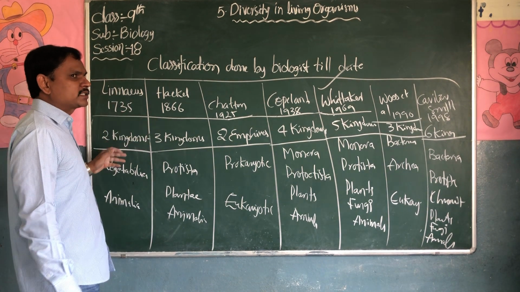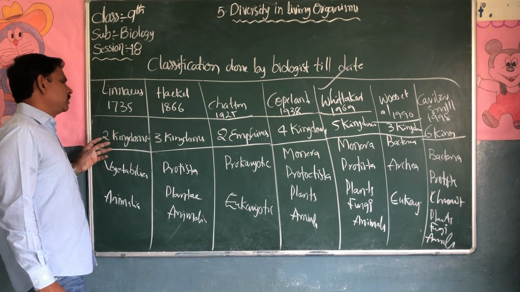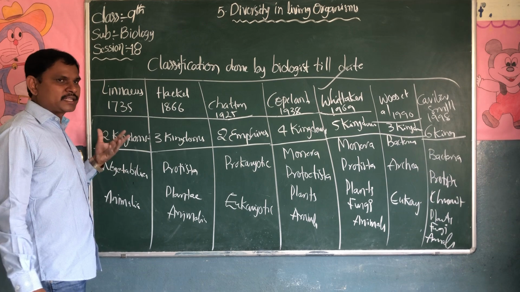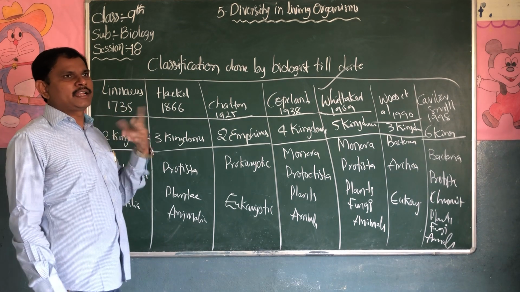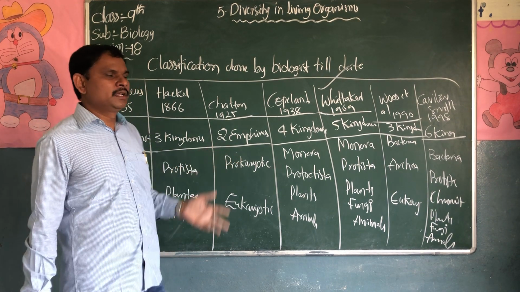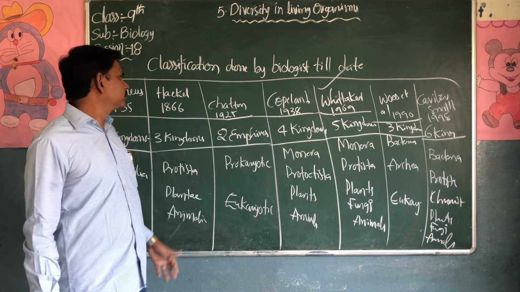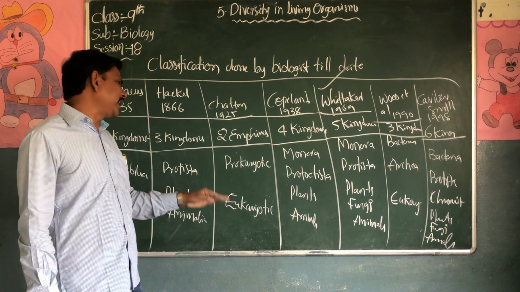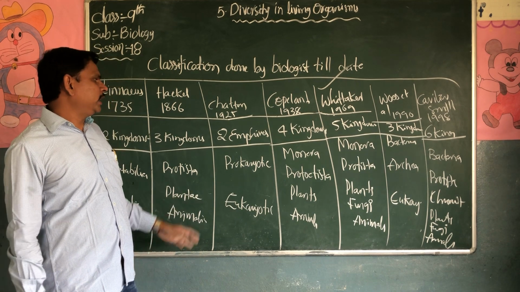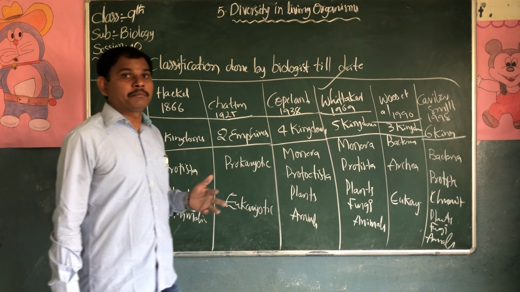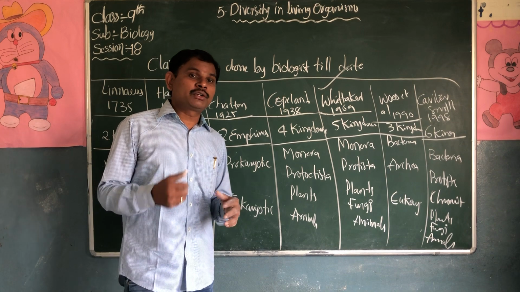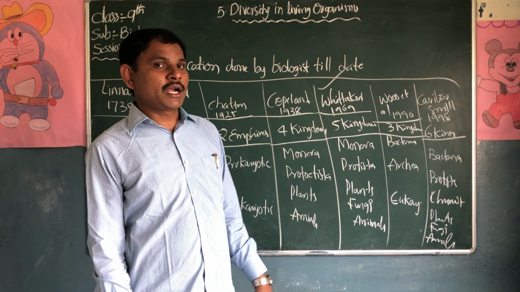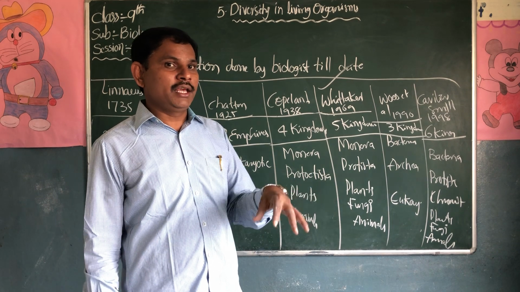So there are 7 scientists, and they gave different kingdoms. First, Linnaeus divided plants and animals, writing Vegetalia instead of plants. Haeckel gave three kingdoms: Protista, plants and animalia. Chatton in 1925 gave empires: eukaryotic and prokaryotic, depending on which have a nucleus and which do not.